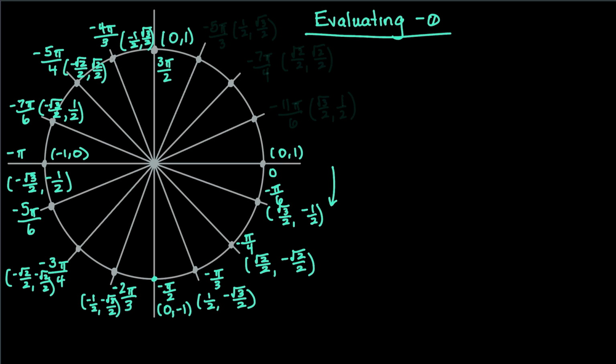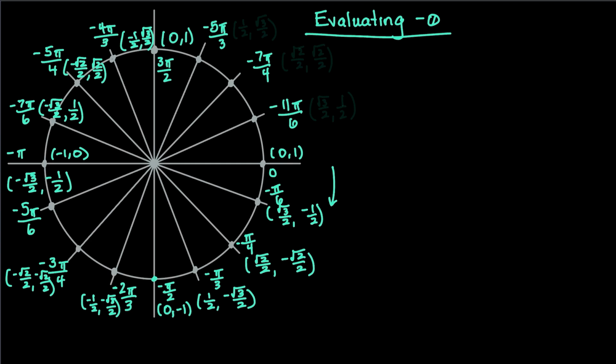Same pattern again. If I'm close to the y-axis, I'm a third. I'm in the last quadrant in the negative direction, so my numerator is going to be 1 less than twice the denominator. So this is going to be negative 5 pi over 3, negative 7 pi over 4, and negative 11 pi over 6.